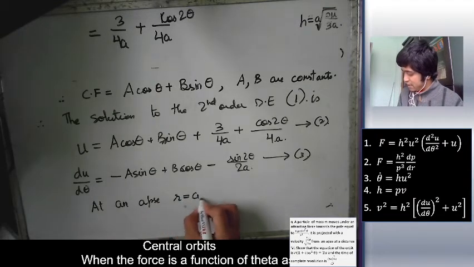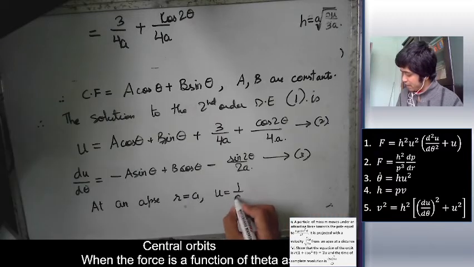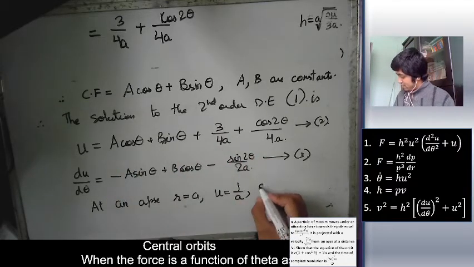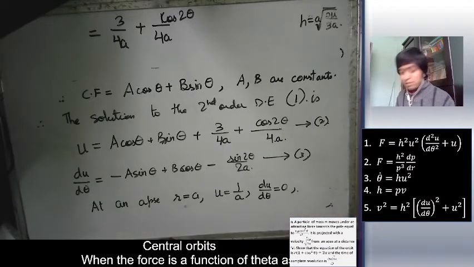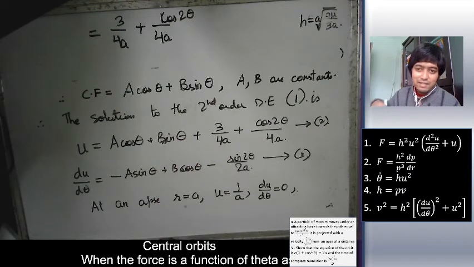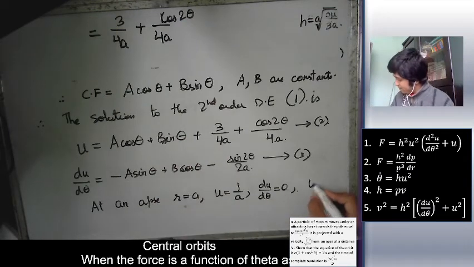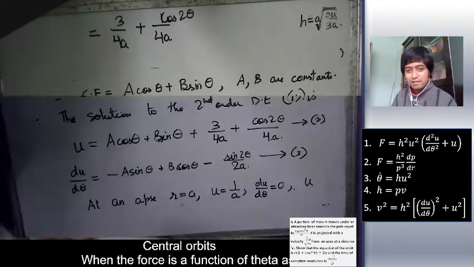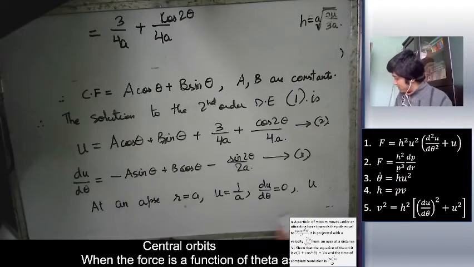R is equal to a, so therefore u will be 1 by a. And also we will be having that du d theta equal to 0, but also we can assume that the initial line is drawn at the apse only, so that is why theta will be equal to 0.